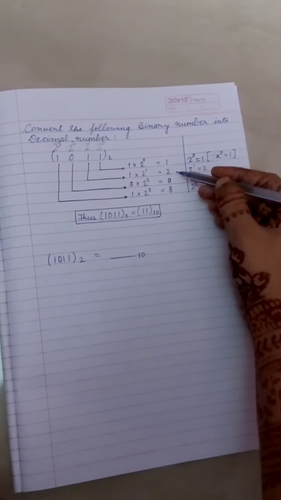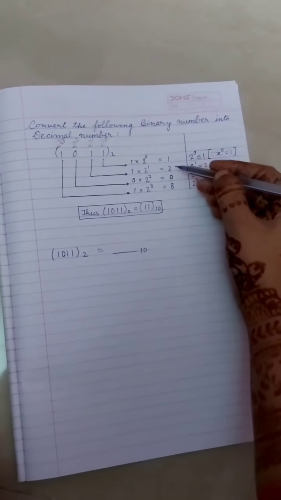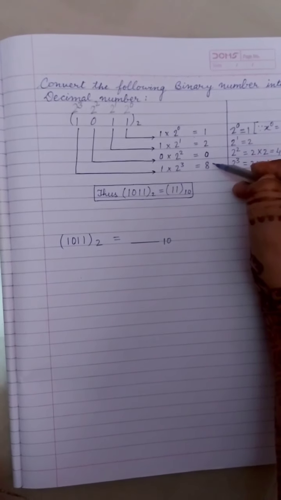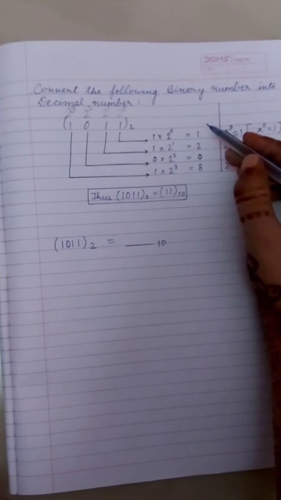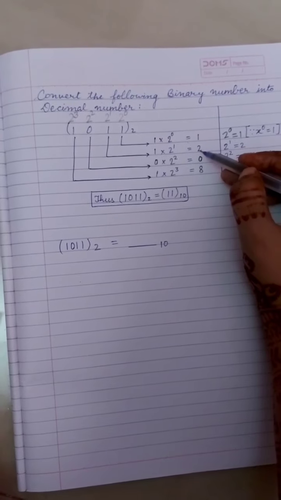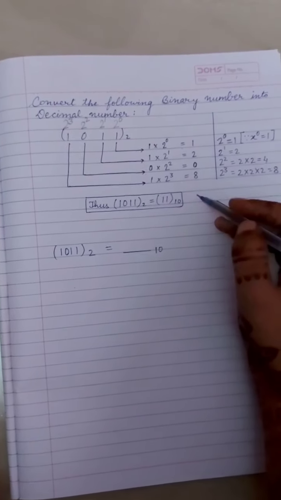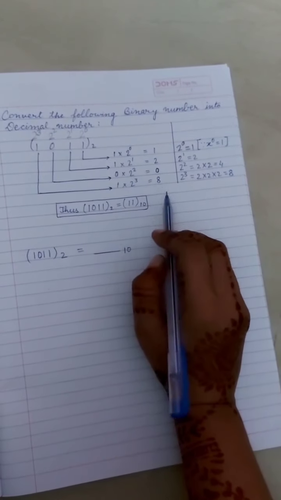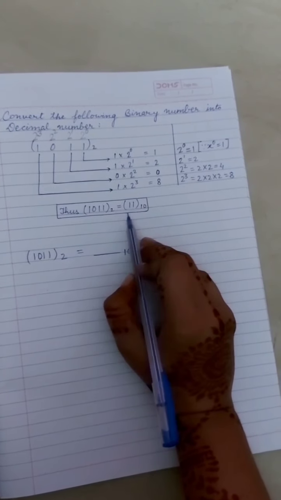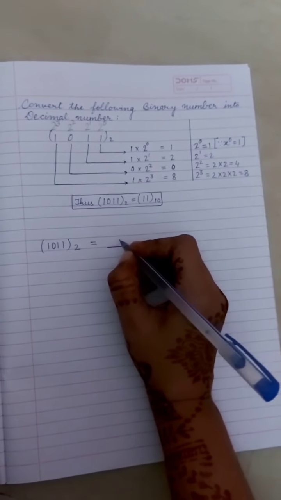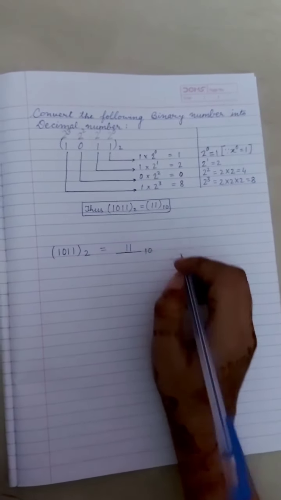Now whatever digits we have achieved, we will add all these digits. So 1 plus 2 plus 0 plus 8. After adding, what answer do we get? We get 11. So the answer will be 11.